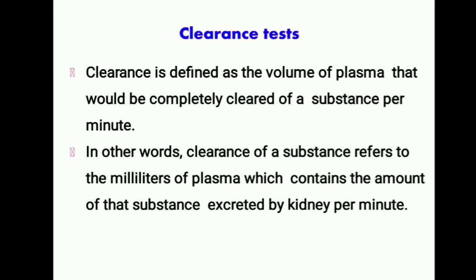Clearance is defined as the volume of the plasma that would be completely cleared of a substance per minute. In other words, clearance of a substance refers to the milliliters of the plasma which contain the amount of that substance excreted by kidney per minute.